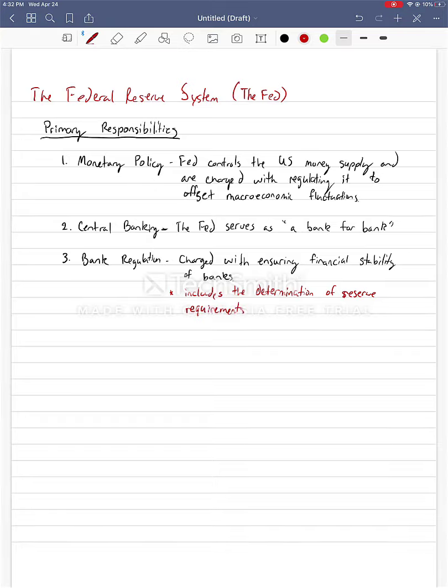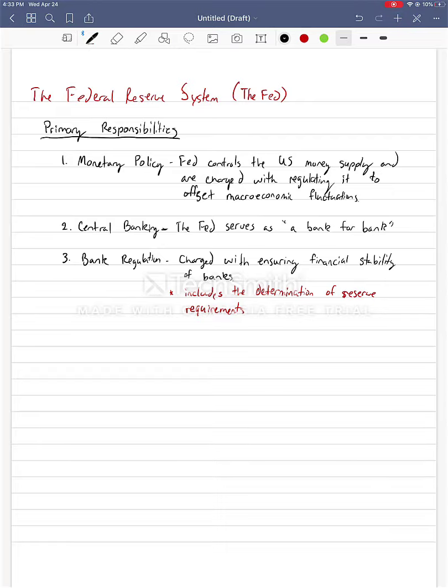If you remember from last week, we know that banks are required to keep a certain amount on hand. So the Fed is the one in charge of determining those reserve requirements, whether it's 10% or 5% or 15%. Now, those are the three primary responsibilities.